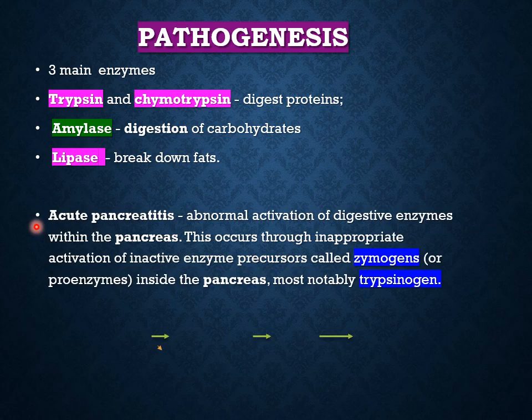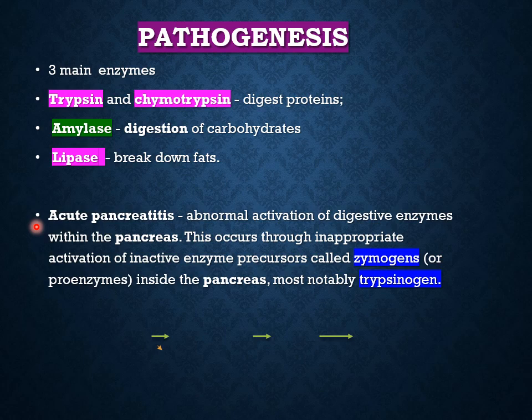In acute pancreatitis, what happens? There is an abnormal activation of digestive enzymes within the pancreas, through inappropriate activation of inactive enzyme precursors called zymogens or proenzymes.